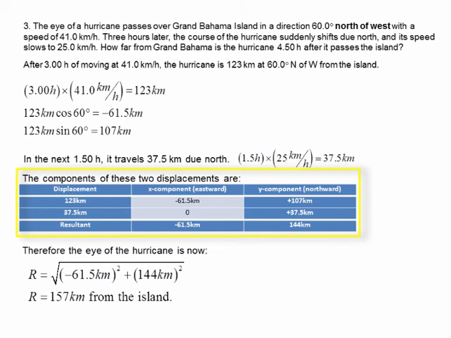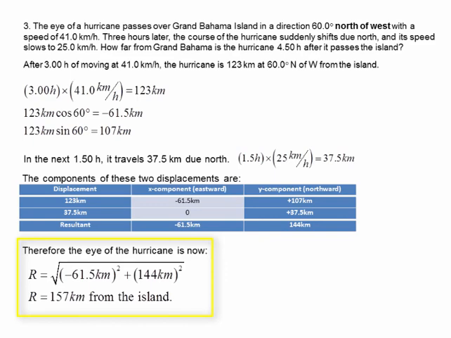So now we can take the Pythagorean theorem and use the x and y components, 61.5 kilometers squared plus 144 kilometers squared. When we square them and add them together, of course we lose the negative sign in the x term, and we end up with 157 kilometers from the island.